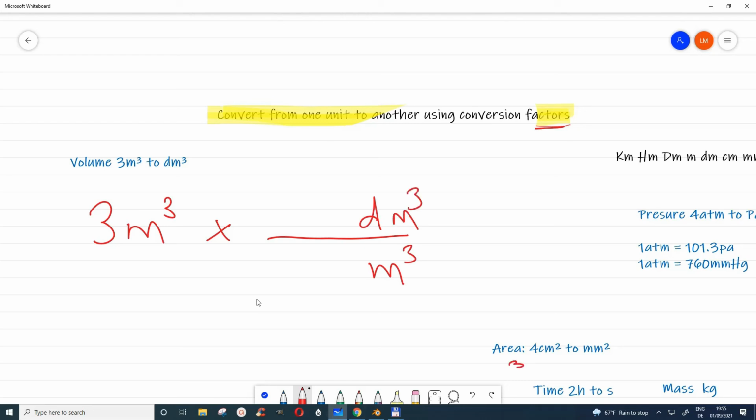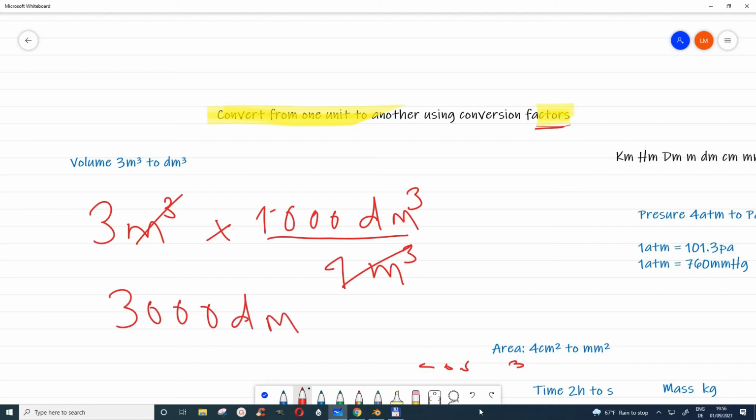We saw that 1,000 decimeters cube is 1 meter cube. So now the meters cube will cancel each other, and then we are left with 3,000 decimeters cube.